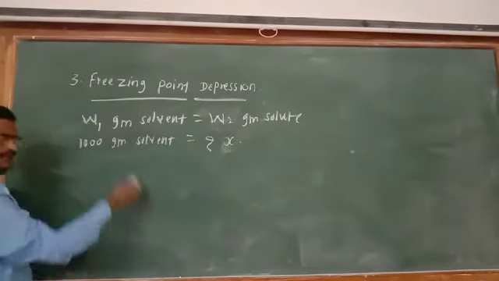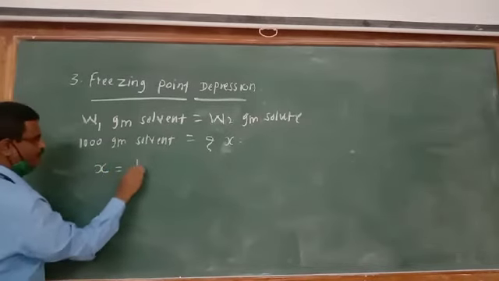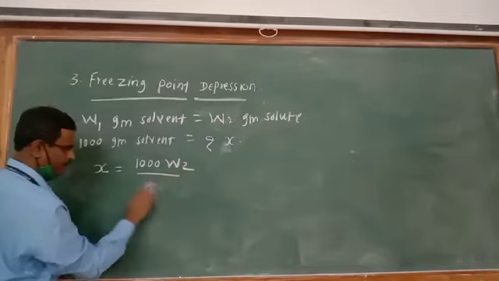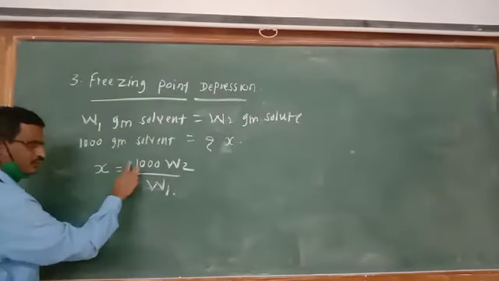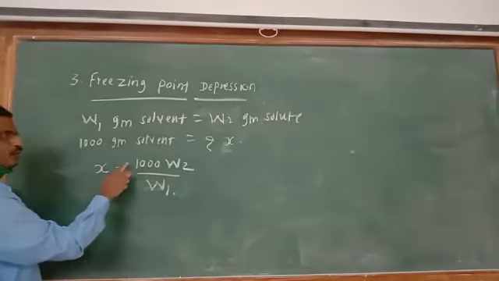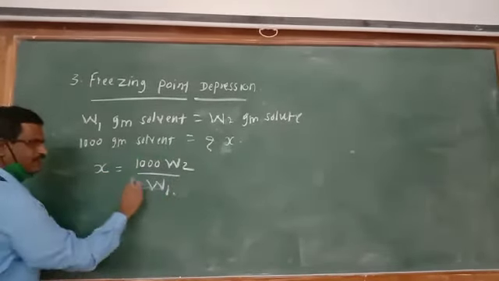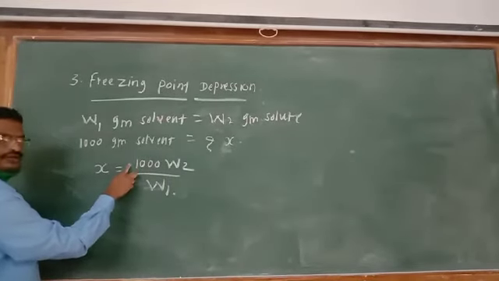X gram. So that X can be calculated doing the cross multiplication. X will be equal to 1000 W2 upon W1. This is the mass of solute present in 1000 gram of solvent.